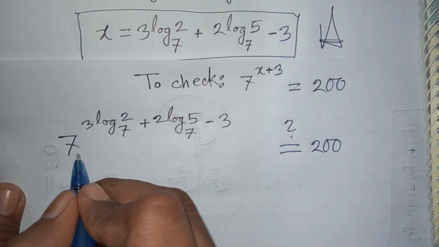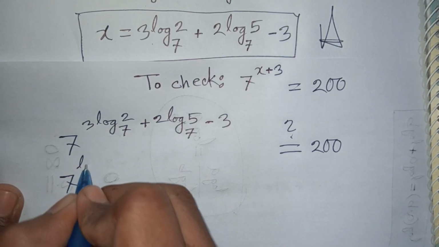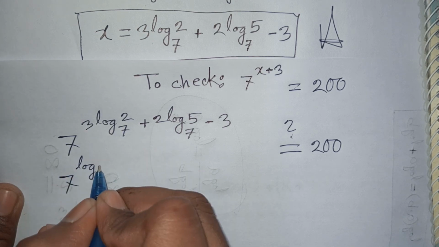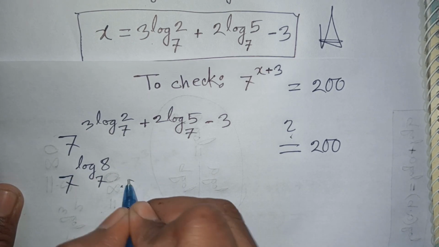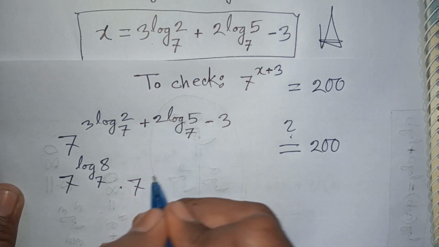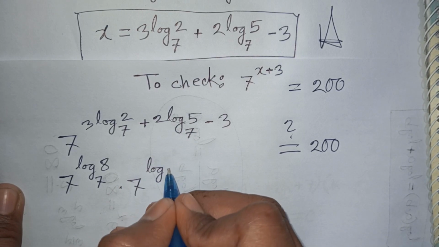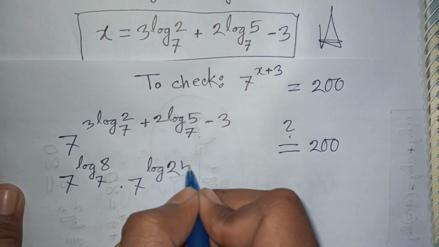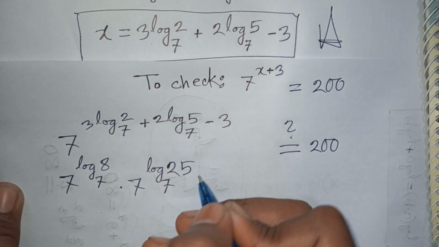Now here we apply the exponential rule, so it will be 7 power of 3 log 2 base 7, which is same as log 2 power 3, that means log 8 base 7, times 7 power of 2 log 5 base 7, which is same as log 5 power 2, that means log 25 base 7.